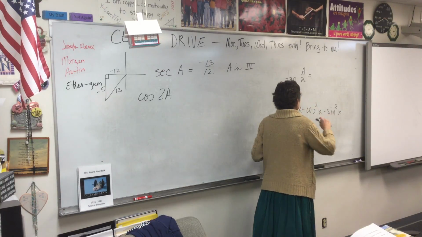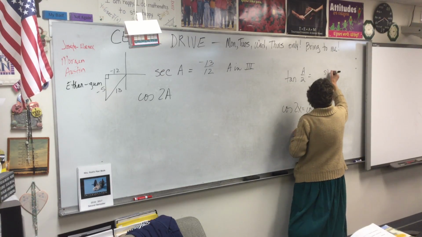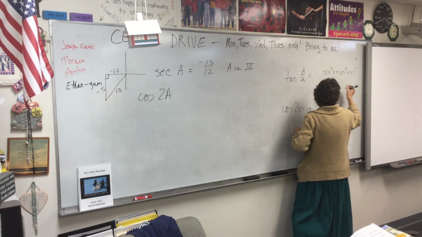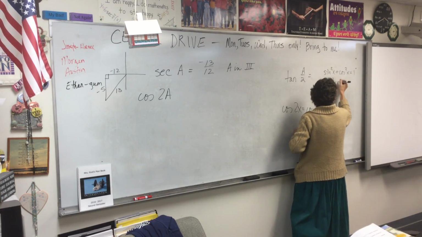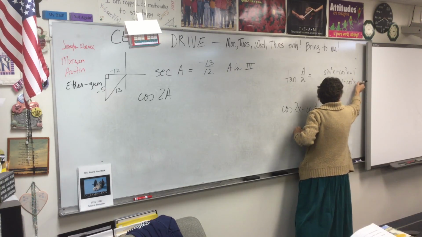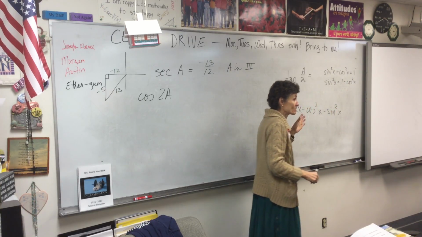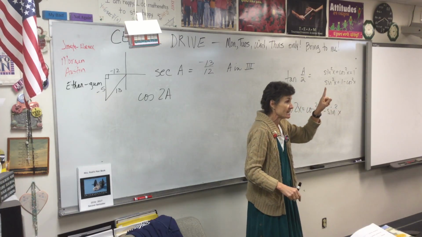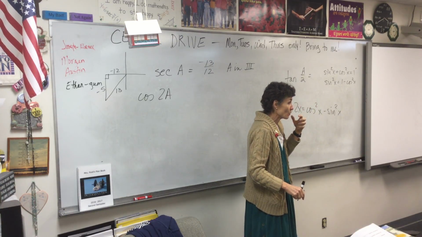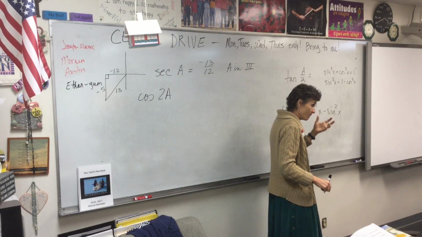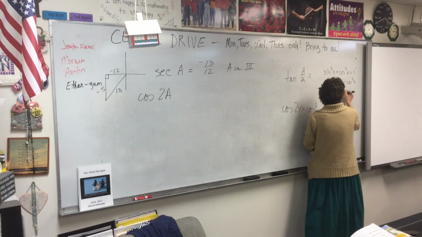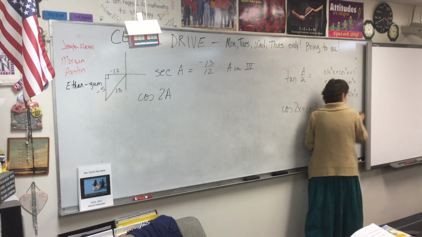However, because of the identity that says sine squared plus cosine squared is 1, we know that sine squared equals 1 minus cosine squared. We've used that in problems, right? Some of you on your identities quiz needed that. Take out sine squared and replace it with 1 minus cosine squared, or vice versa. Cosine squared is 1 minus sine squared.